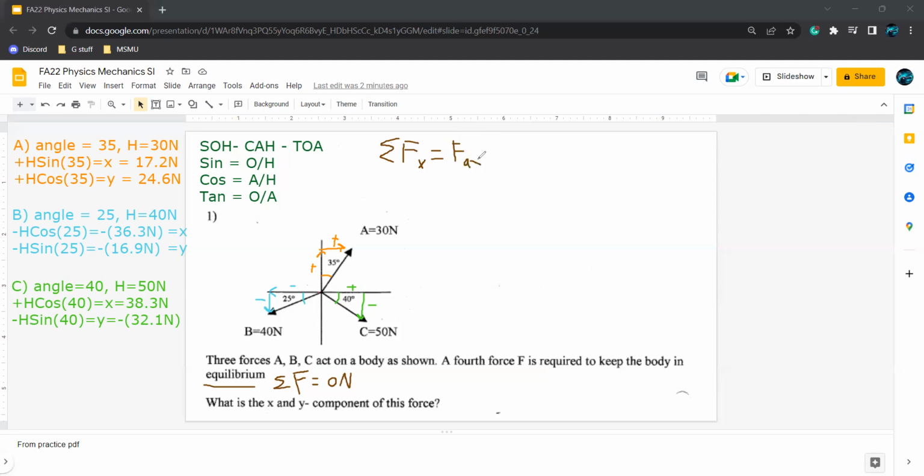So you're looking at the force A and the component of that, and force B of x, and etc. I'll write it all out just so that we can see it, and then we'll plug that in later. We're going to do the same thing for the y components.